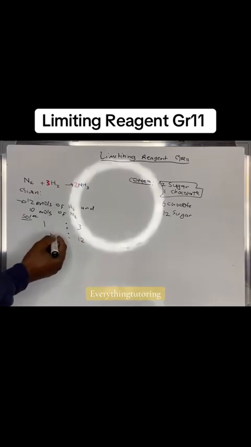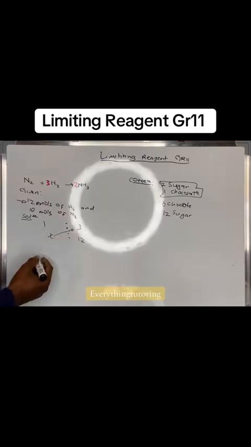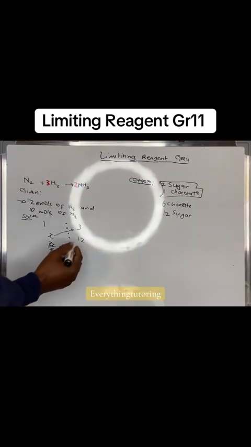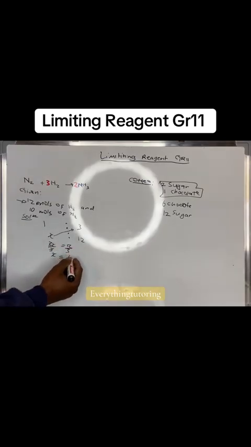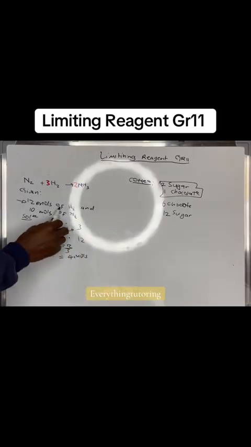You don't know, so to solve that, you cross multiply. You get 3x equals 12, and then you divide by 3, x equals 4.